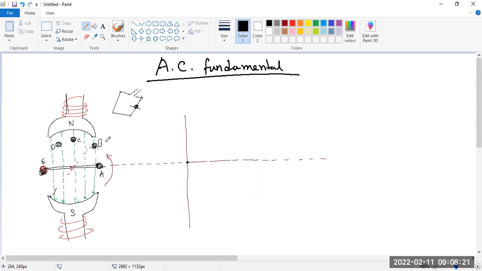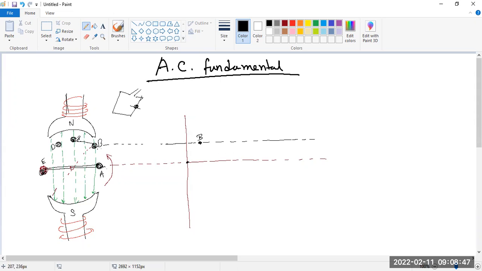Whenever it is at B, if you take a straight line, you can see some flux linkages are starting to be cut, so we can put some EMF voltage over this point.